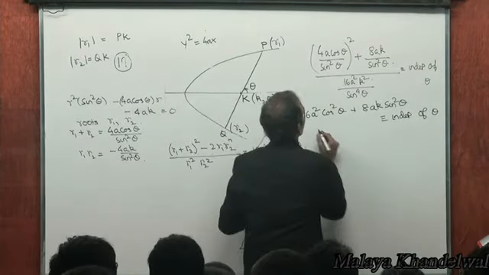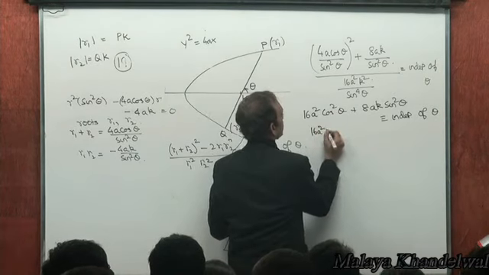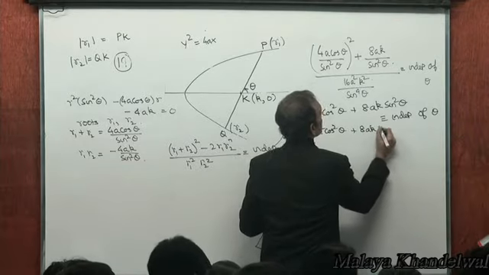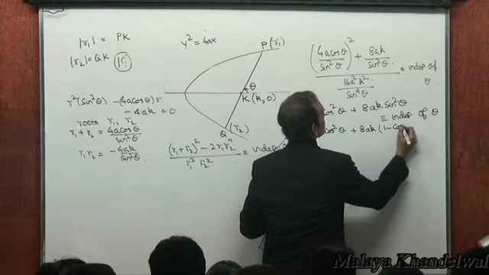But suppose the inspection factor didn't occur to you. Then you can write 16a squared cos square theta plus 8ak, and sine square theta you can write as 1 minus cos square theta.